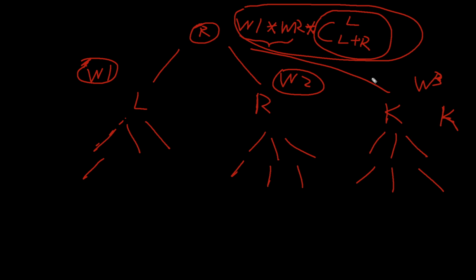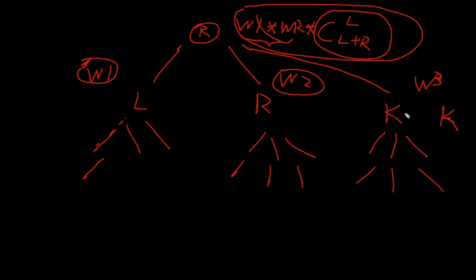The way we calculate this is that we merge the subtrees one by one. We can pick any of them. Let's say we pick these two first. Obviously, we already have the answer for merging these two subtrees.